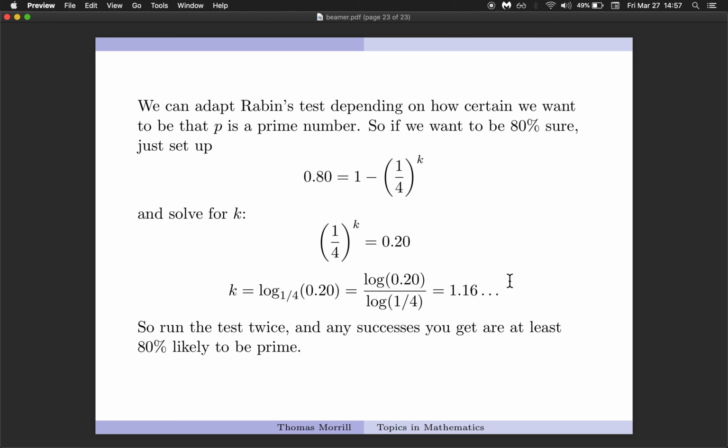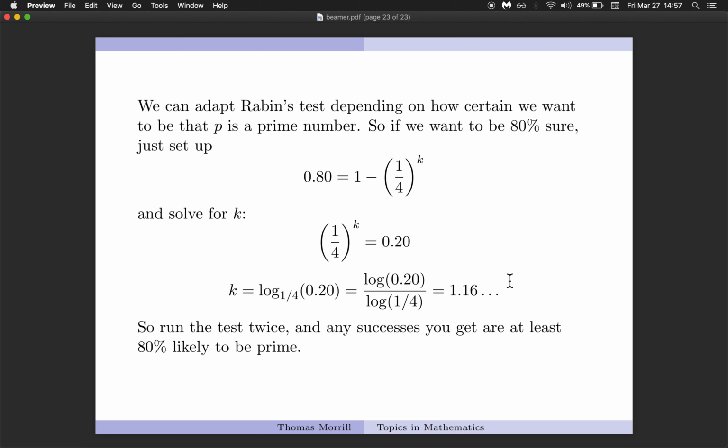So in order to put this into practice, I need to have an idea of what the density of prime numbers is. So as I go out farther on the number line, how frequently should I find a prime number if I'm just picking them at random?